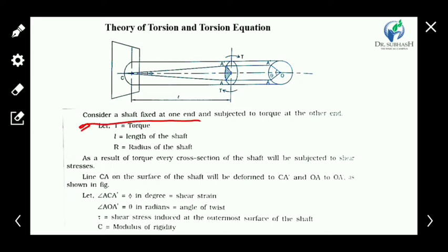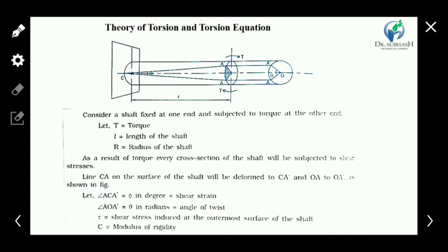Consider the shaft fixed at one end and subjected to torque T at the other end. The length of the shaft is small l, and capital R is the radius of the shaft. As a result of torque, every cross section of the shaft will be subjected to shear stress.